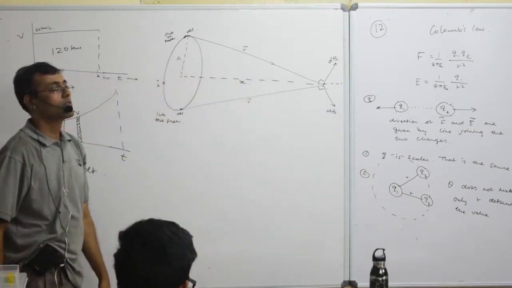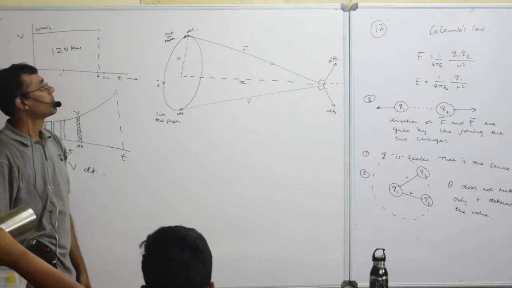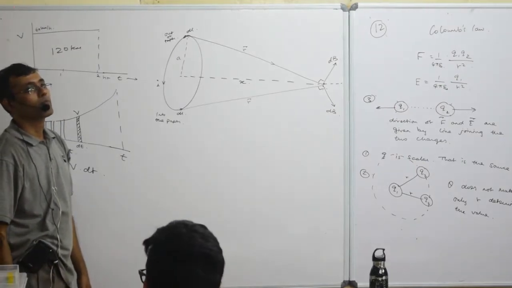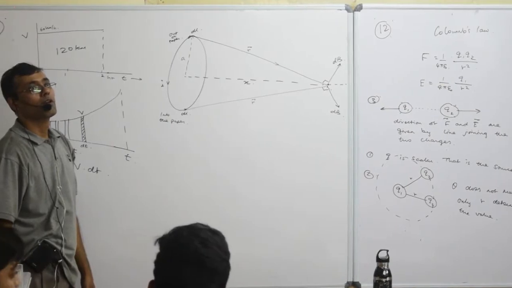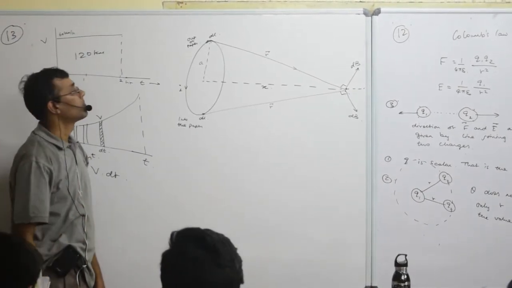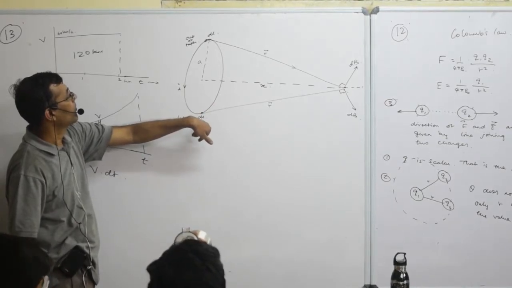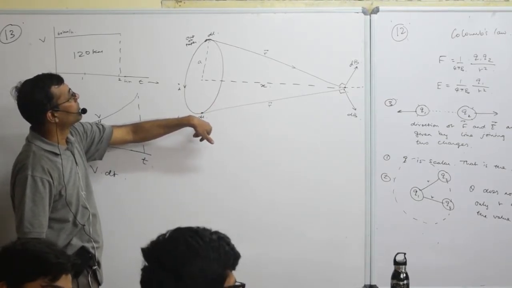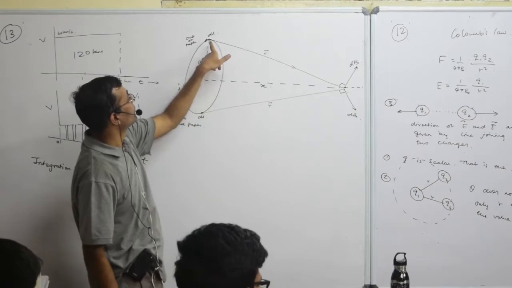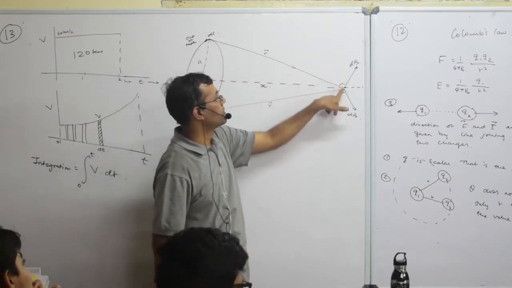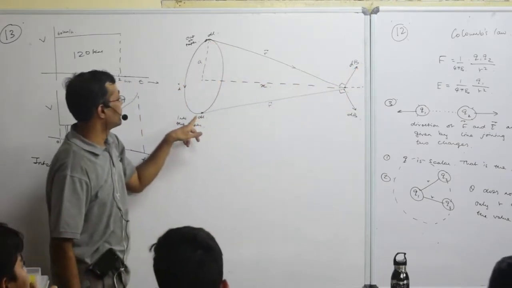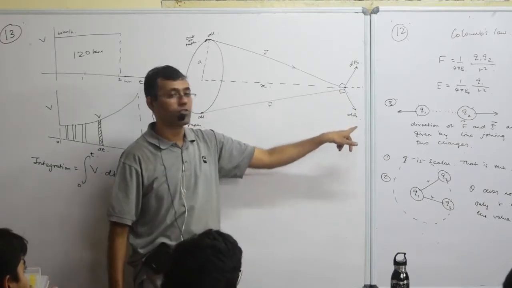What it means is, due to this dl, the magnetic field produced is this way. Due to this dl, the magnetic field produced is this way.